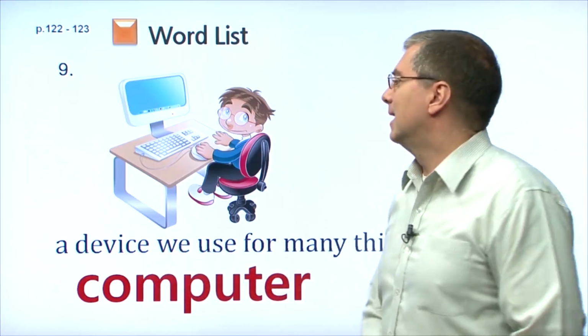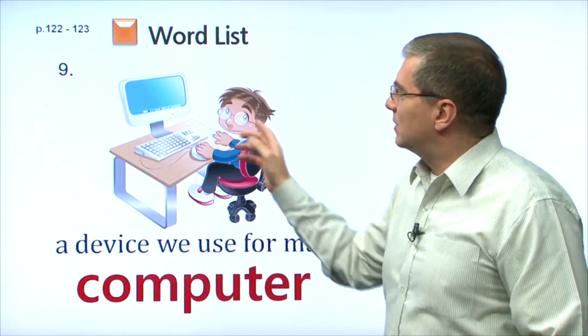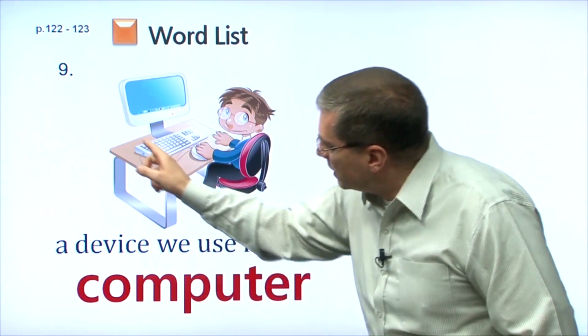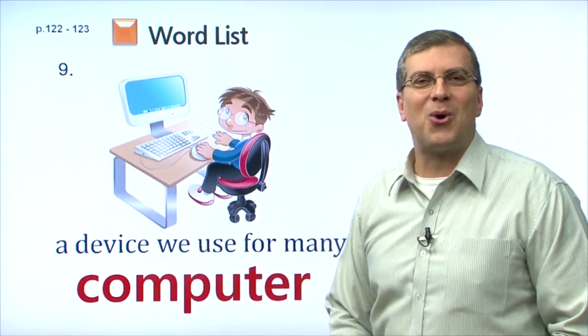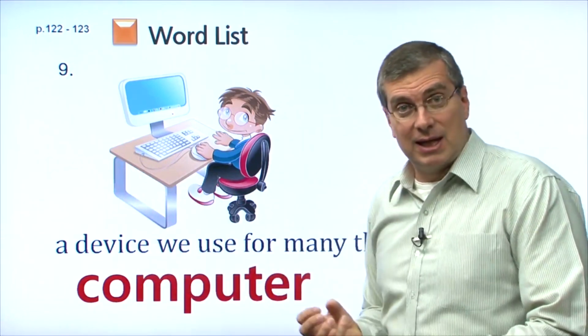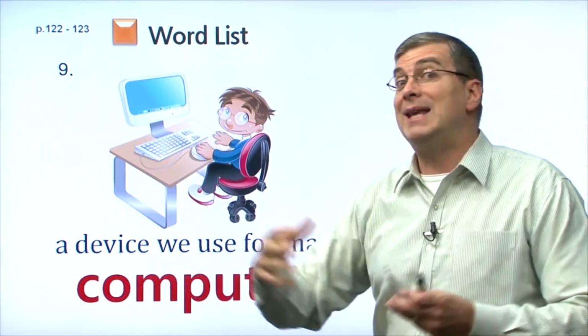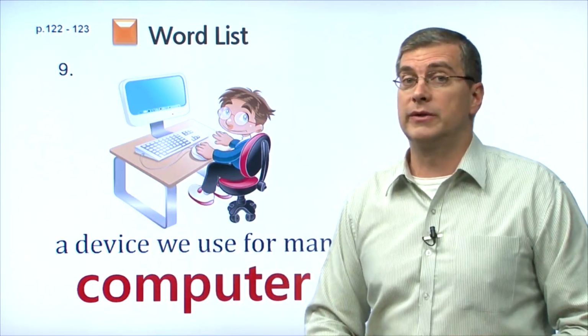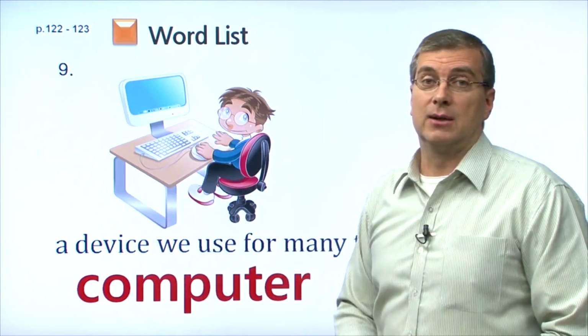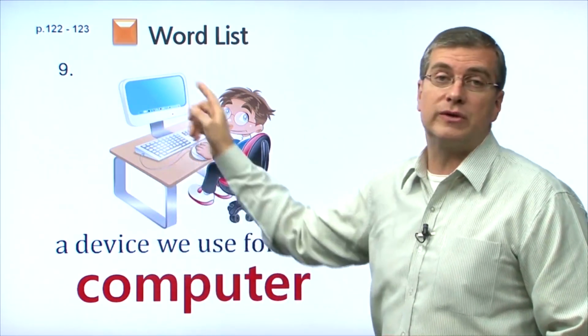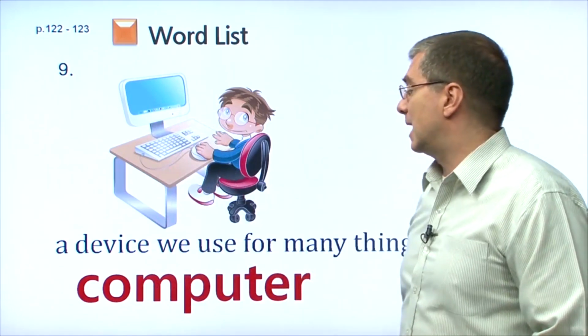Of course you know that. So this boy is using a computer. We don't see the cord, but of course there's probably a cord that the electricity is coming into. And this is one example of many devices we use with electricity. We need electricity to use these devices. So this is a computer.